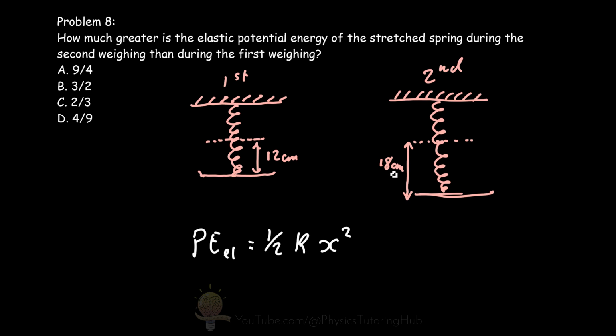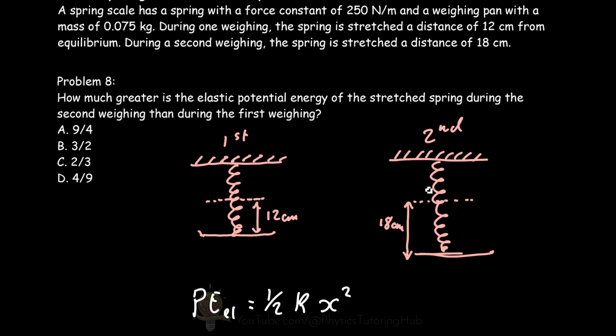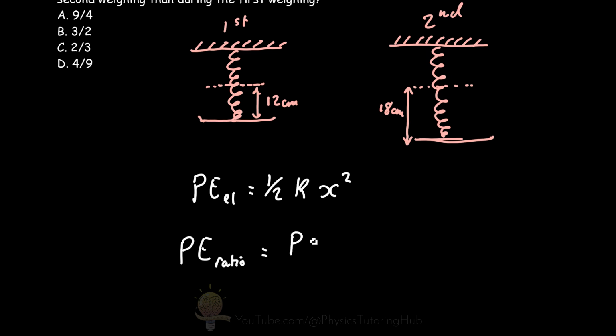Now in this problem, the same spring is being stretched to two different lengths, which means that our force constant here is not going to change. We need to find the ratio between the two scenarios here. So to do that, we can write out the potential energy ratio is equal to the elastic potential energy in the second scenario divided by the elastic potential energy in the first scenario.